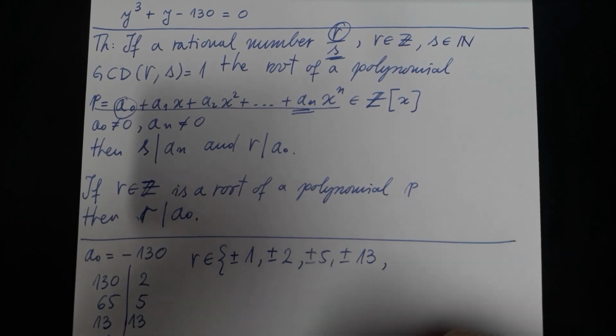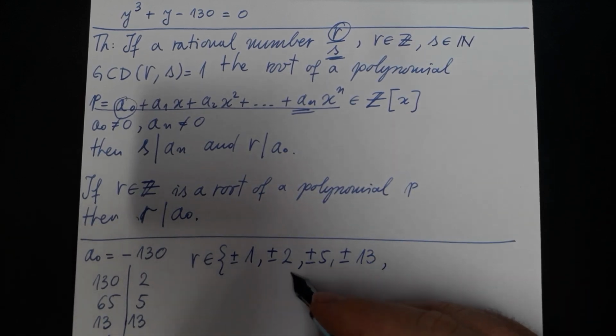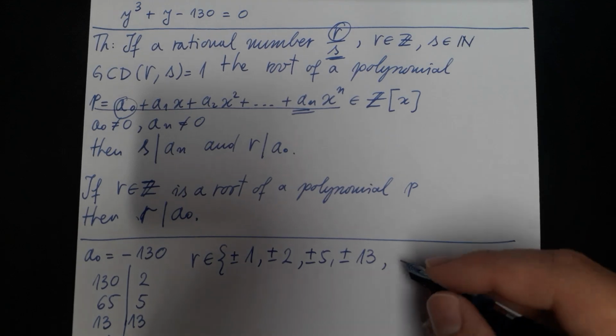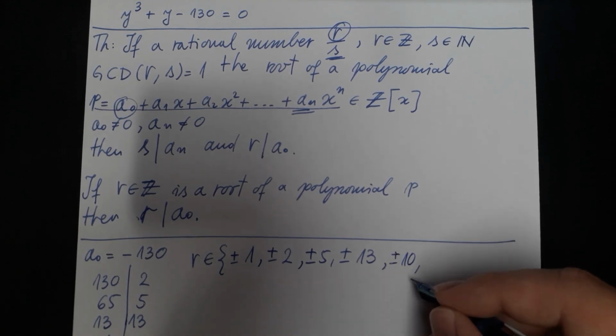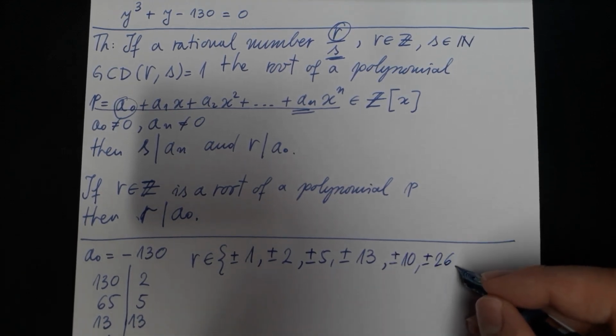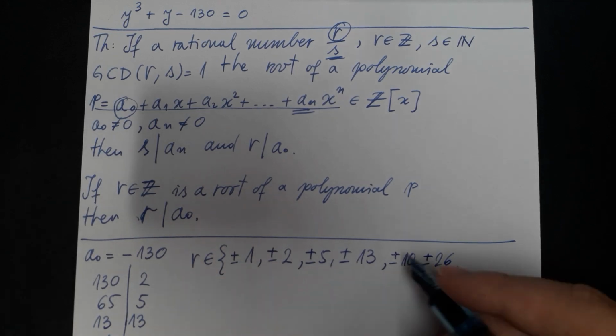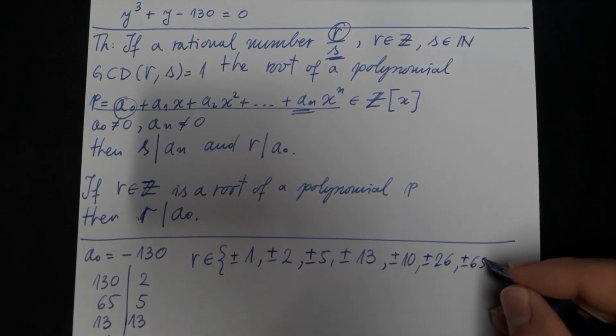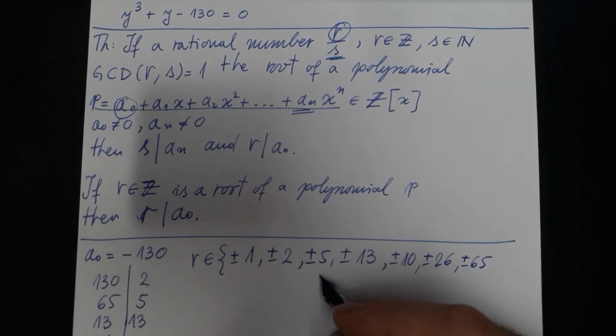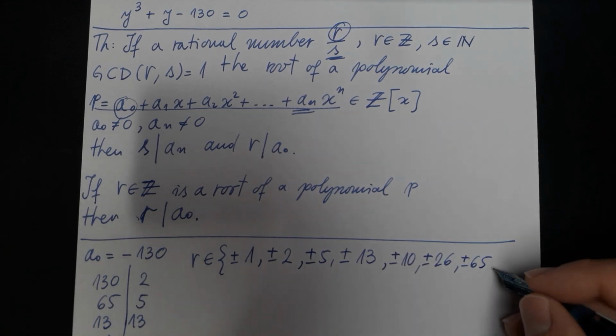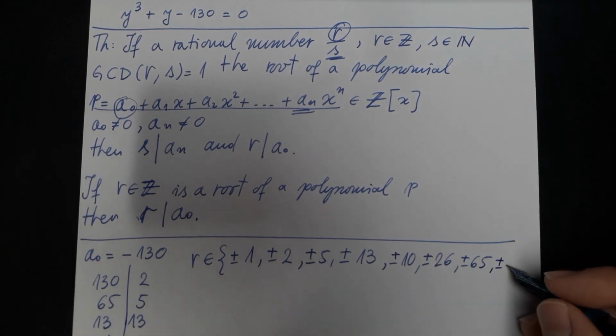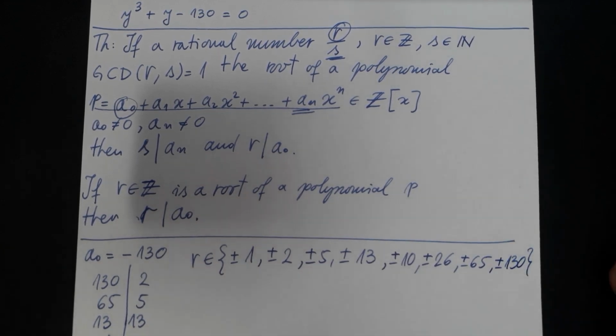And now we are going to make all combinations of these three numbers, 2, 5, and 13. So we get plus or minus 10, plus or minus 26, and plus or minus 65 for the two combinations. And for the combination of length 3, we get plus or minus 130.